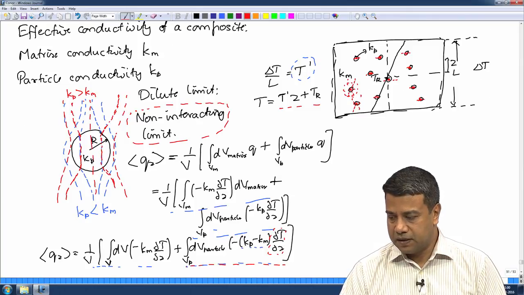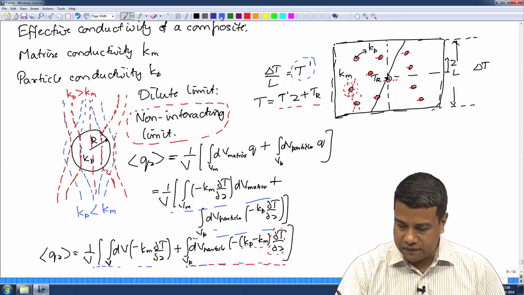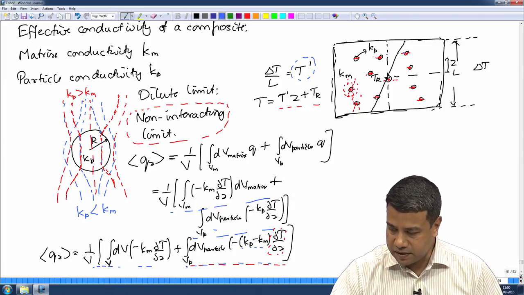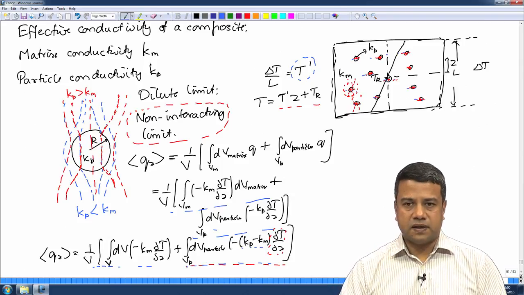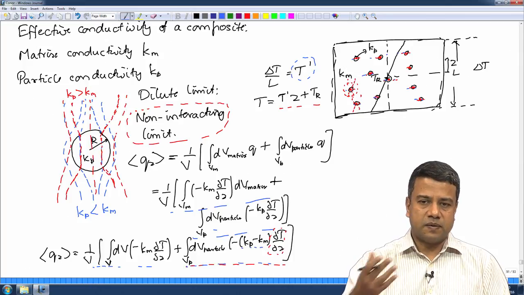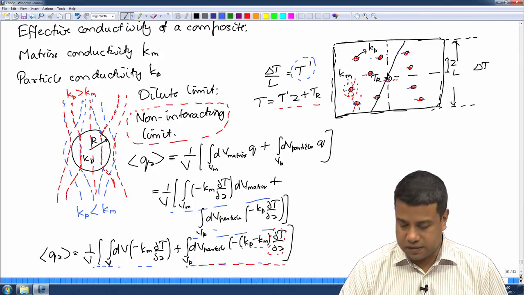So, if I have an effective material, the average temperature at each particle location will of course be different because there is a temperature gradient. However, the gradient that the particle sees far from its surface is going to be exactly the same for each one of those many particles.